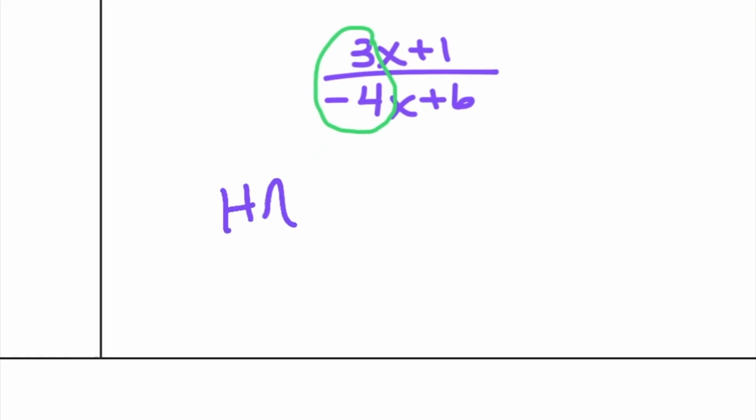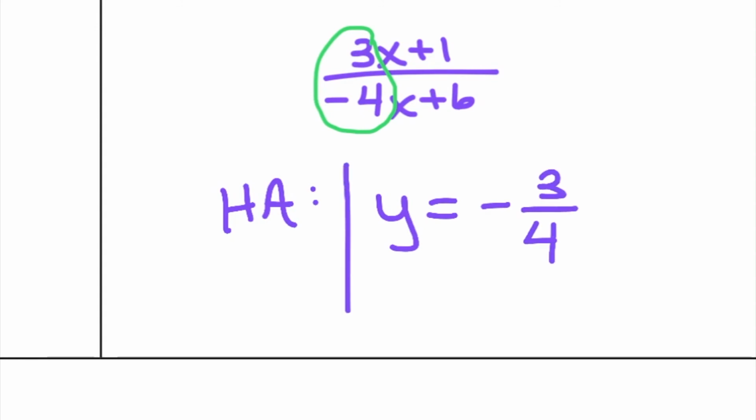And so your horizontal asymptote is y equals -3/4.